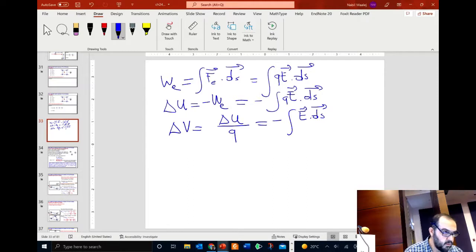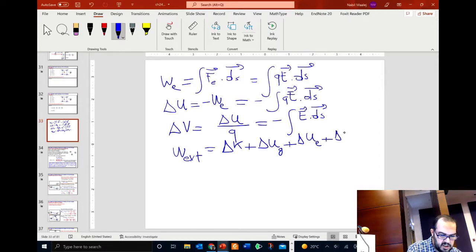Now that we have defined the difference in potential energy, we can include it in the conservation of energy equation that you had in Physics 121. The total work done by external forces on a system is equal to delta K, the change in kinetic energy, plus the change in gravitational potential energy, plus the change in electric potential energy, plus the change in thermal energy, and so on.